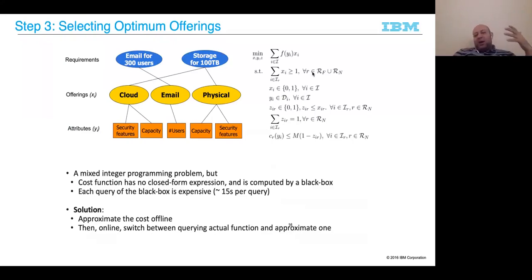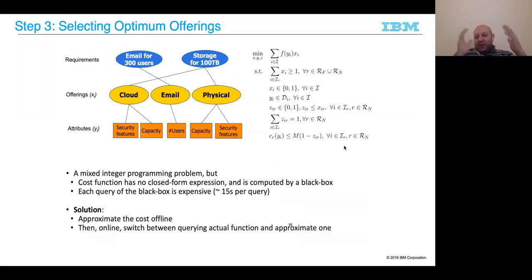And that's why we do it through some mathematical optimization model, which, for those of you familiar with mathematical optimization, you might think is a set covering problem, which it is, but it was also not trivial, because the cost of these offerings does not have a closed form.